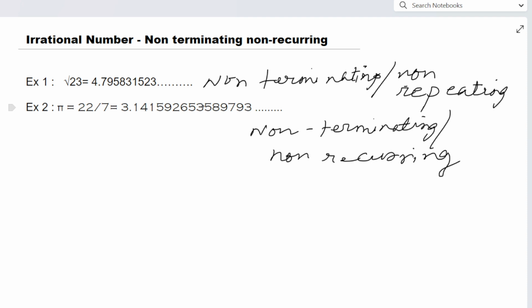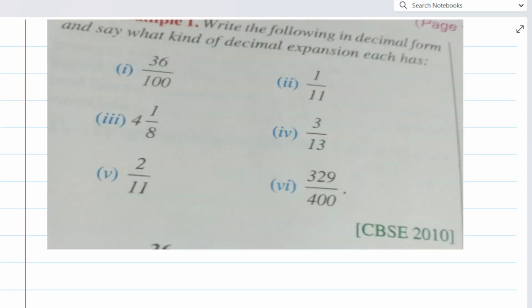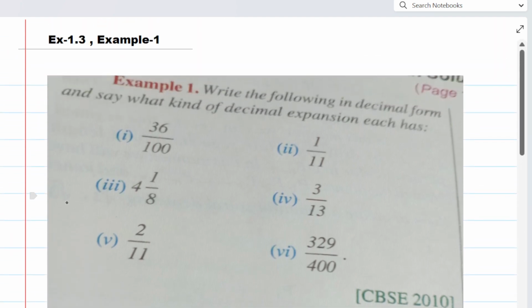Okay, so if you understand, please look, let's go to exercise 1.3 example 1. And what is example 1? This is example 1. What you have to find? I have taken this exactly from the book. Write the following in decimal form. Can you see it?